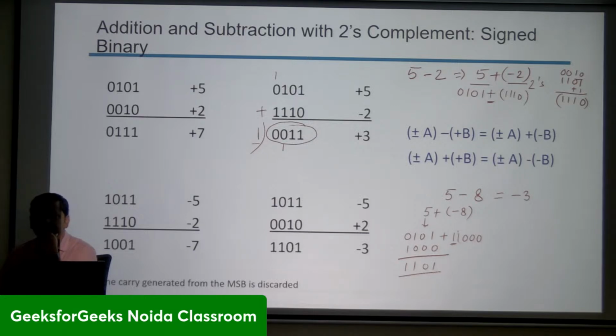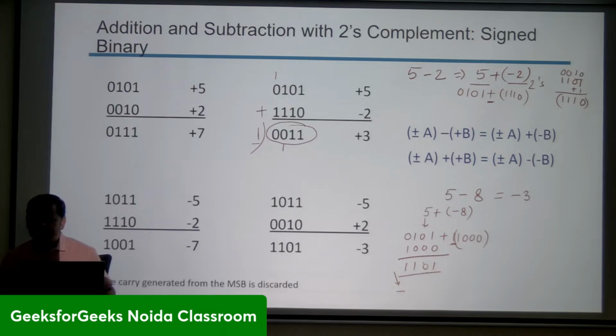Okay. Your outcome for this is going to be 1000, and that is added with this particular number. Okay. Once you add this, your outcome is going to be 1101. There is no carry. There is no carry. That means your result is negative. Okay. And to obtain the actual result, to obtain the magnitude, what you have to do?